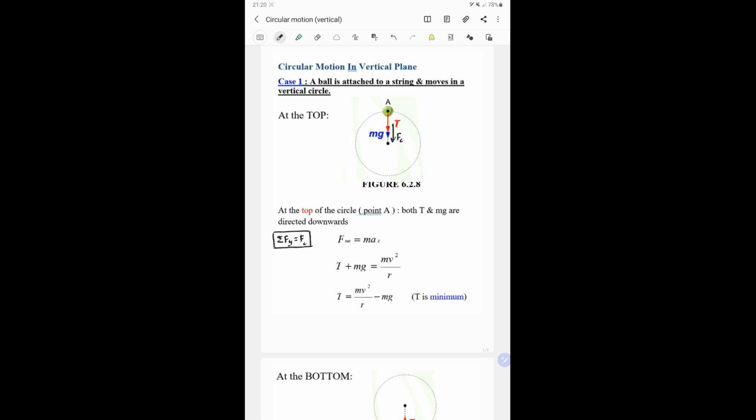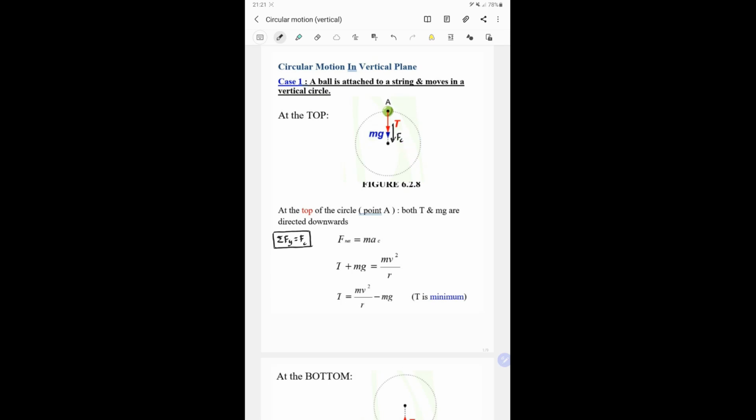In this case, there are two different forces, W or mg, and also T. Fc is directed downward, and mg and T are also directed downward. So any force which is in the same direction as Fc must be positive. So mg is positive, and also T.